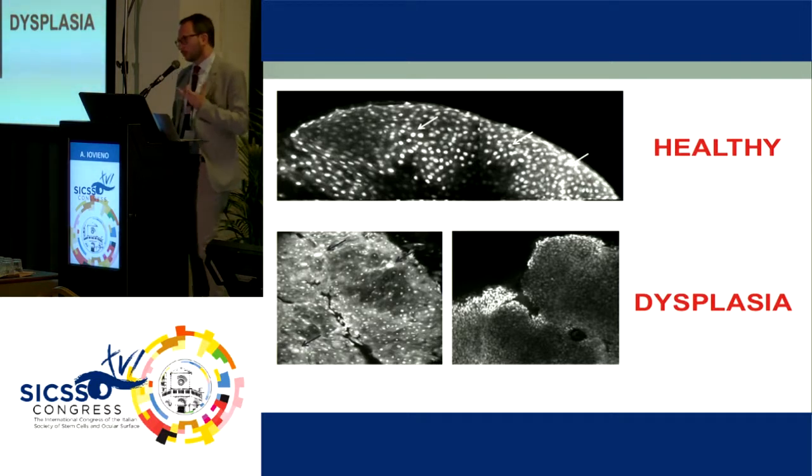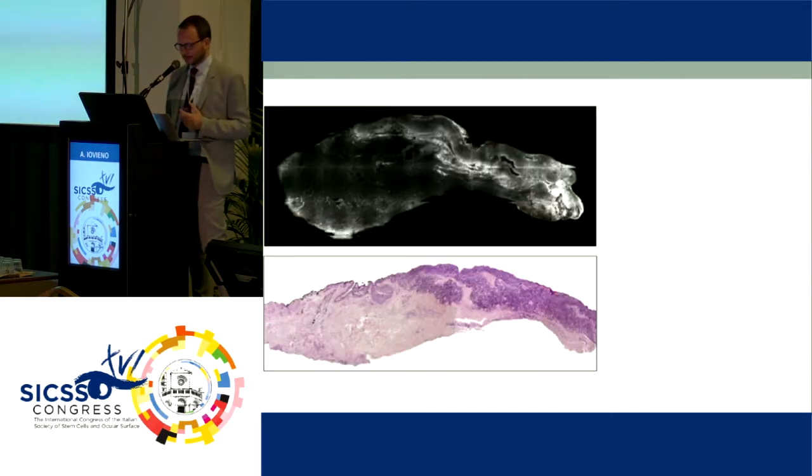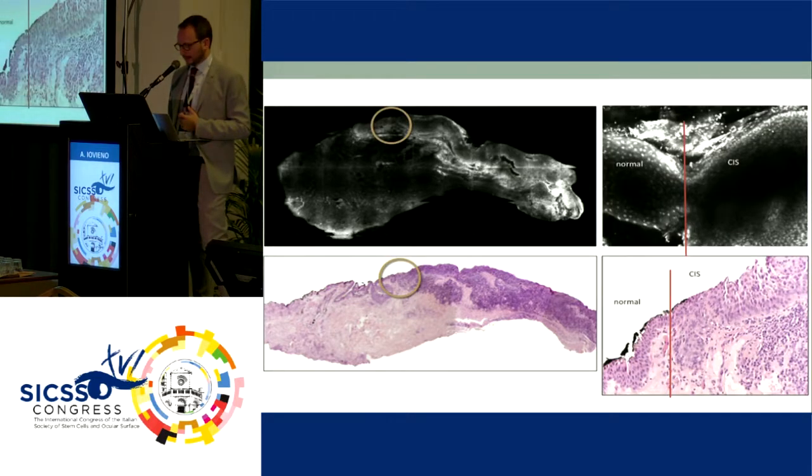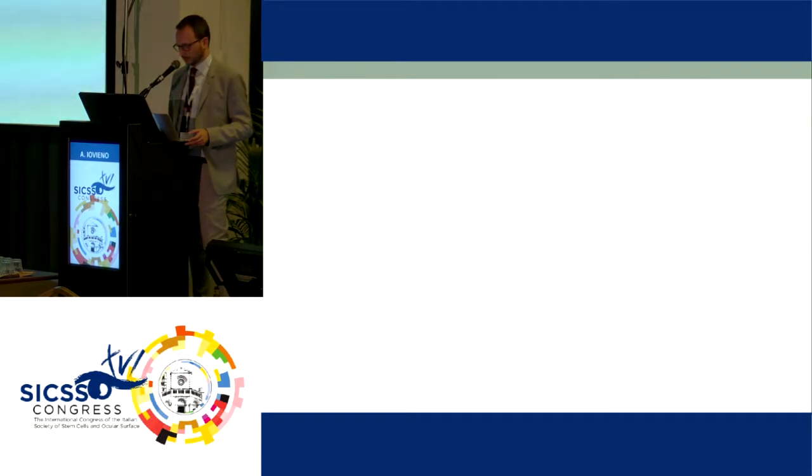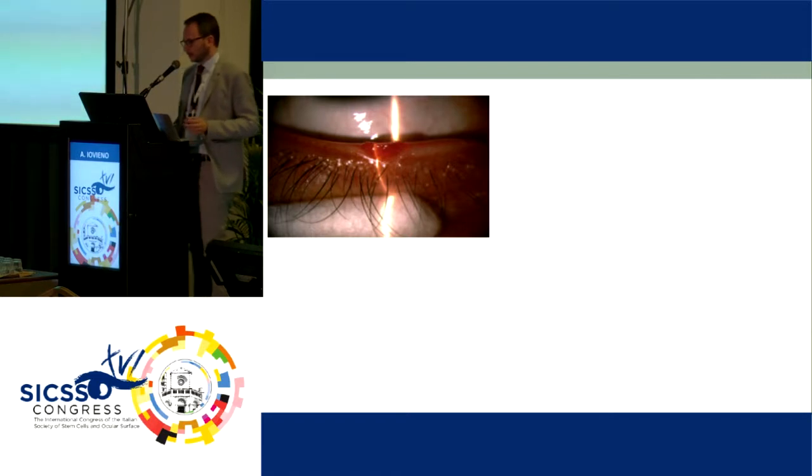These are some examples. The images are more similar to CT images than to confocal microscopy. So you see the comparison of a healthy epithelium with a dysplastic epithelium, and the similarity between the biopsy specimen and the one obtained with the flash technique is very high in terms of details, and especially the passage from the normal to the cancer epithelium.